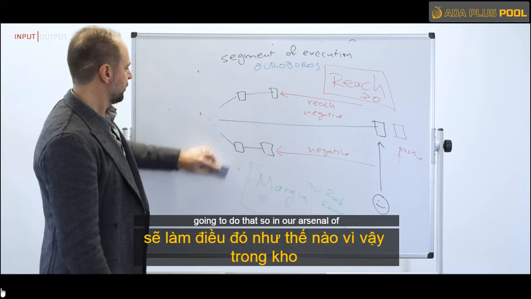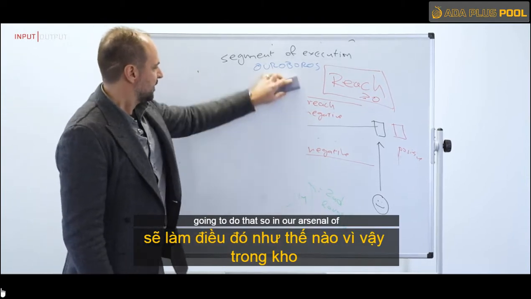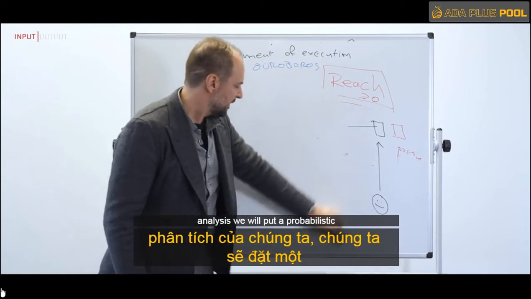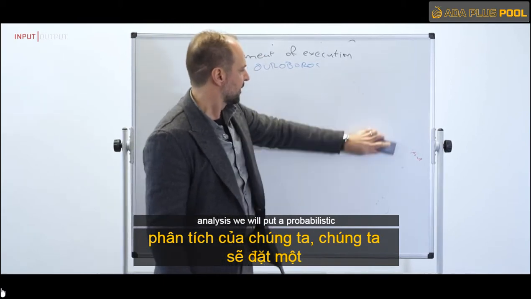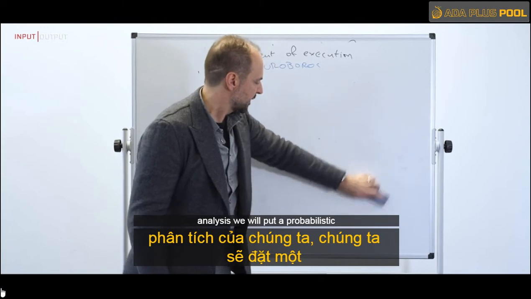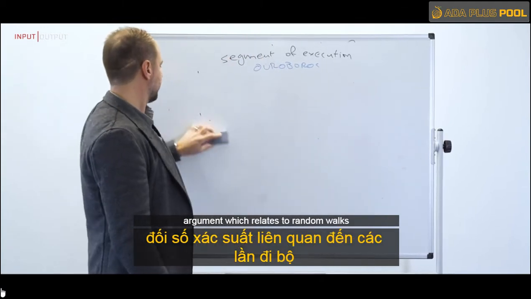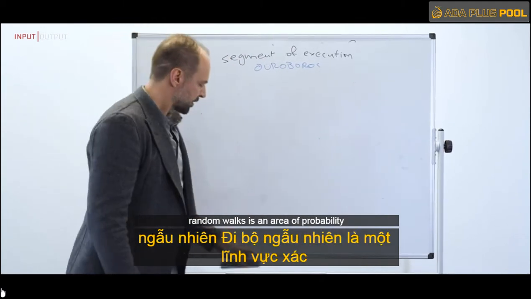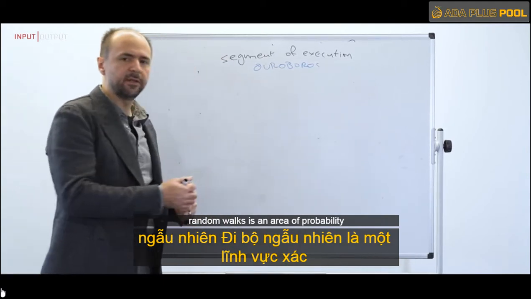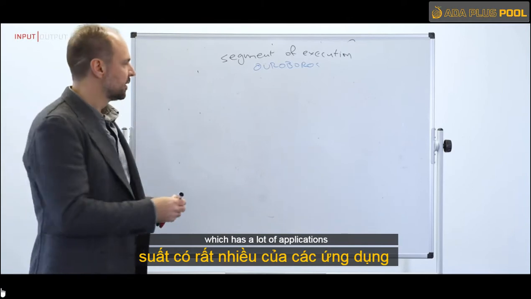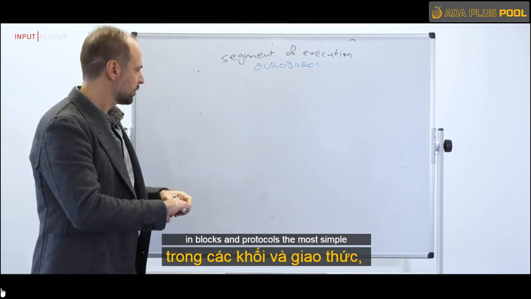So how are we going to do that? In our arsenal of analysis, we will put a probabilistic argument which relates to random walks. Random walks is an area of probability which has a lot of applications in blockchain protocols.